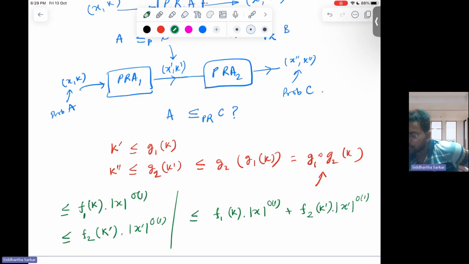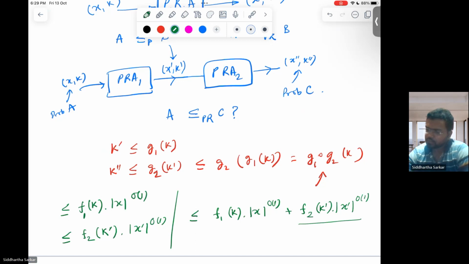We want to show that this is some function of k dash times size of x dash to some constant. So this part is already fine. We can replace k by g1 of k, and we want to replace x by some function of x dash.